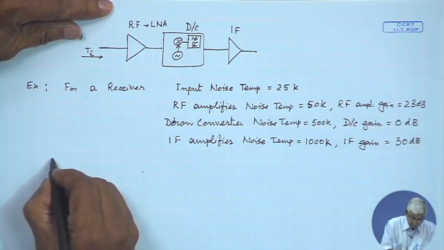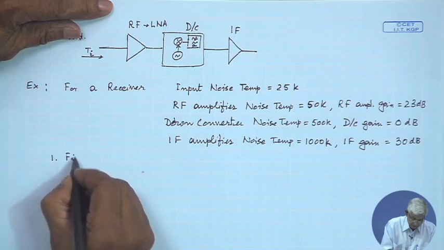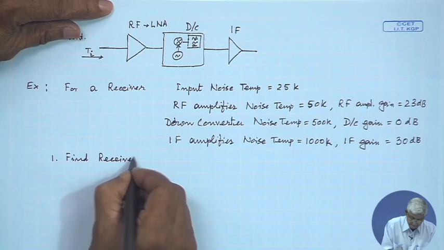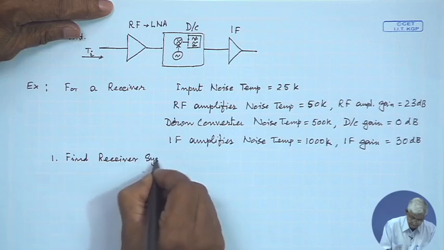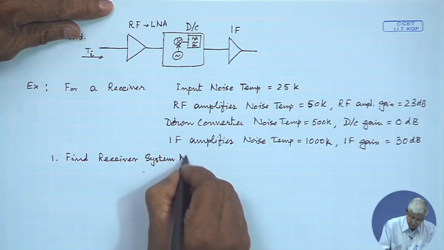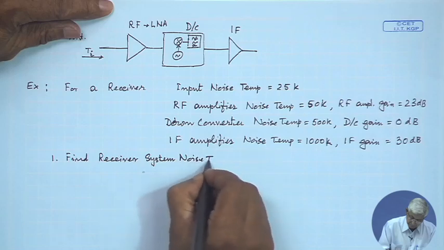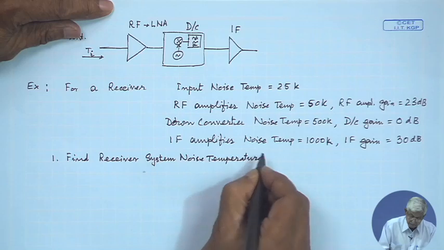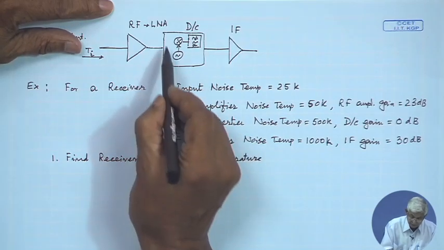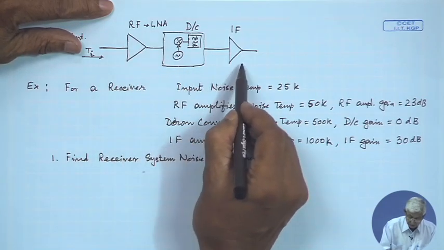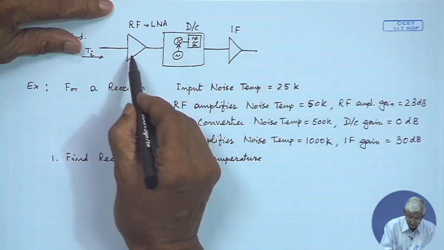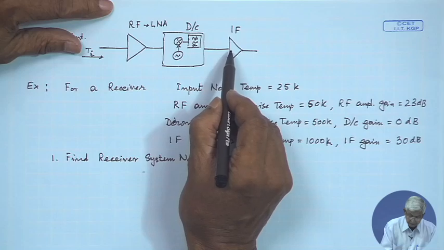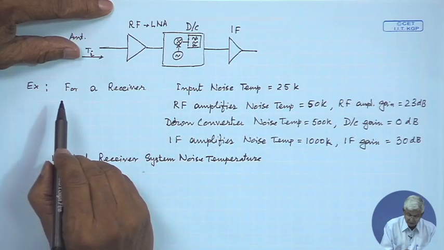Now, the first problem is to find the receiver system noise temperature. When I say system noise temperature, you have to find the equivalent noise temperature of these 3 subsystems in cascade and add the input noise temperature also.